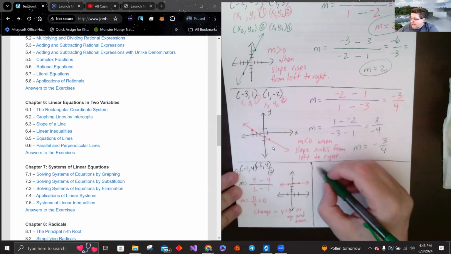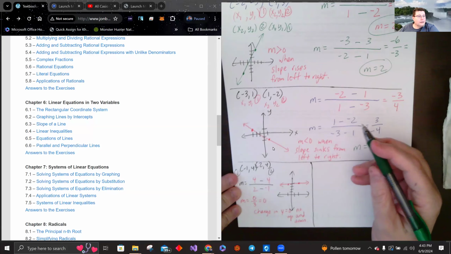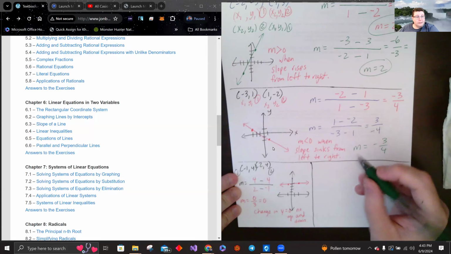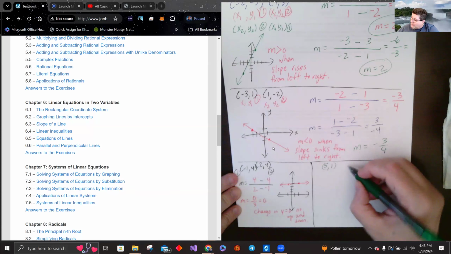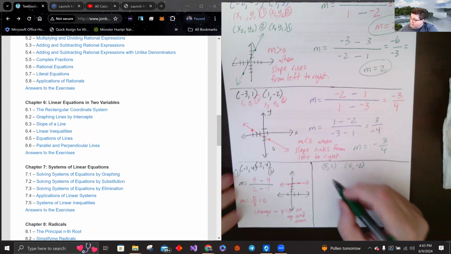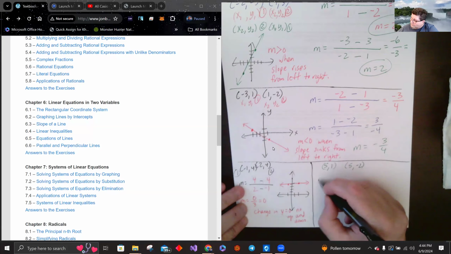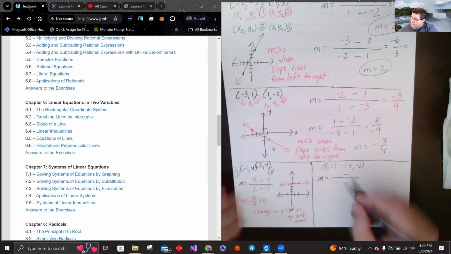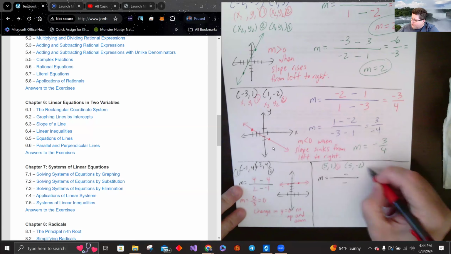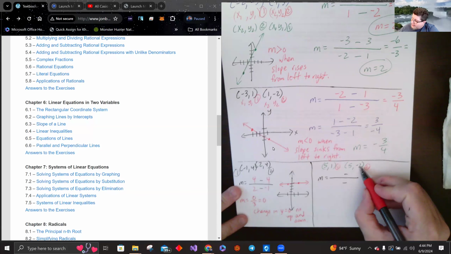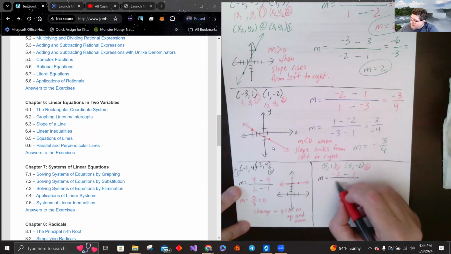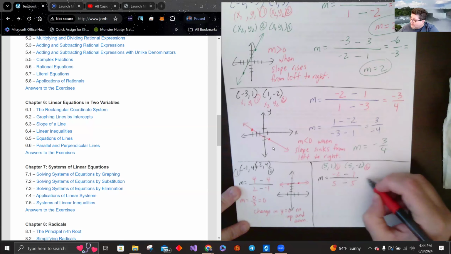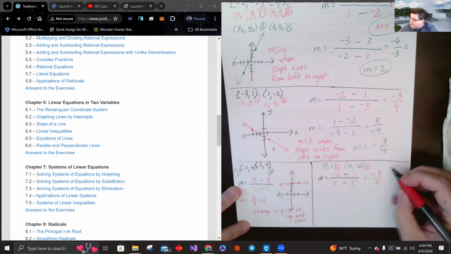And then if we see something like, oh, those don't look good. That's completely wrong. Let's do 5 comma 1 and 5 comma negative 2. Point 1, point 2. Y2 is negative 2, Y1 is 1. X2 is 5, X1 is 5. I get negative 3 over 0.